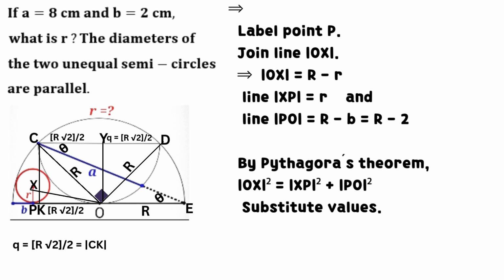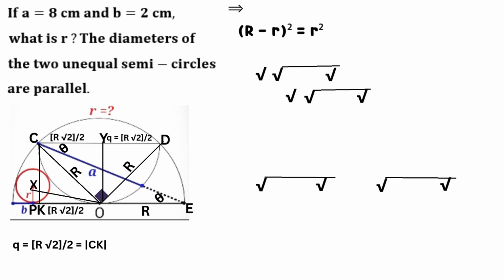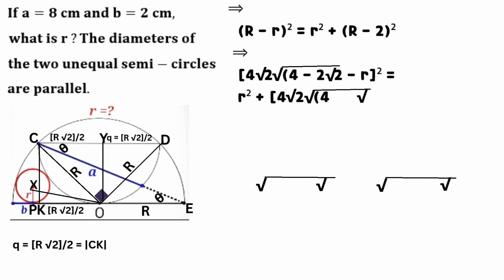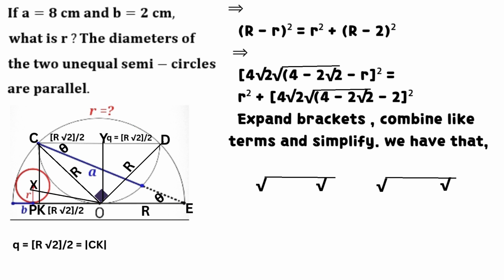Substitute values. The square of R minus small r equals the sum of the square of small r and the square of R minus 2. We obtained the equation as shown on the screen.